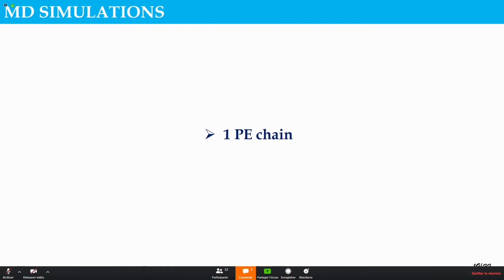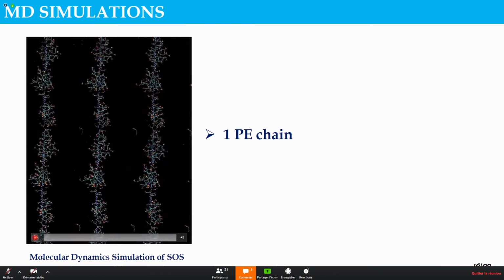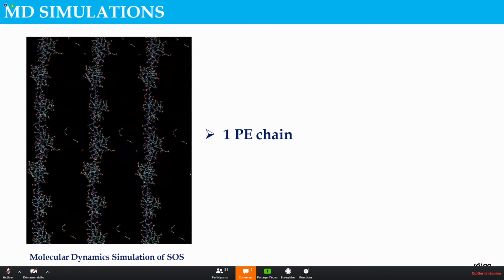This first set of simulations is with just one chain of a polyelectrolyte. So we have one chain of a polyelectrolyte with SOS, and now we should have a video that I hope works, in which we can see how the molecules are moving around the chain.